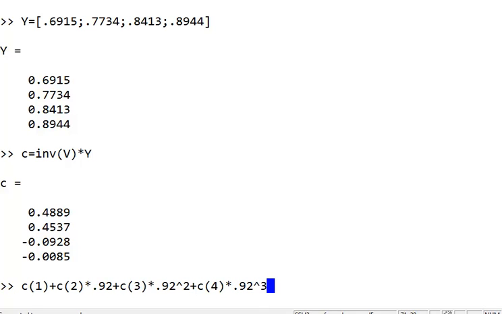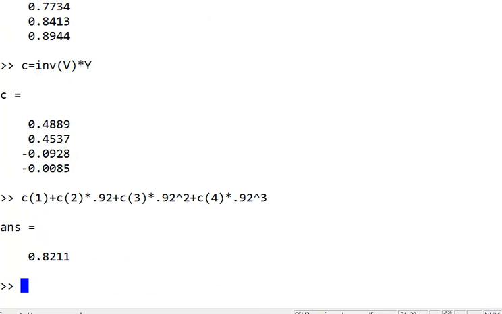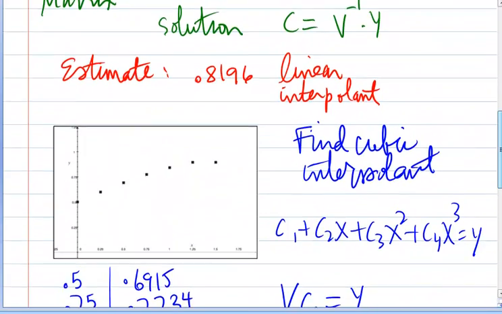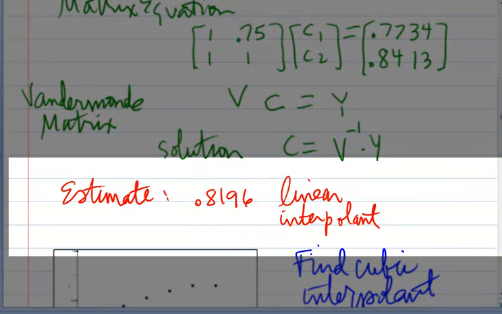And I'll get the estimate 0.8211. Well, let's compare this with the estimate that we got from the linear interpolant. So let me scroll back here. With the linear interpolant, I got 0.8196, and with the cubic, I just found 0.8211.